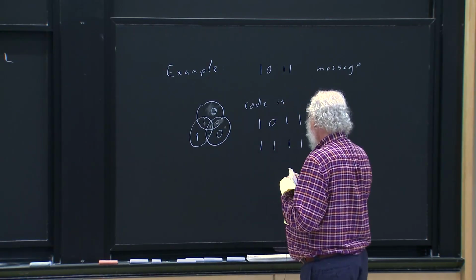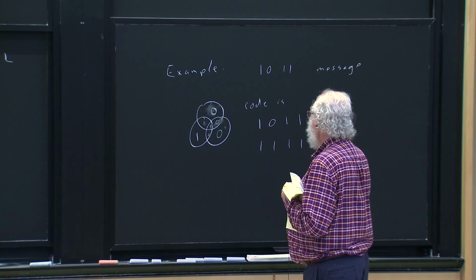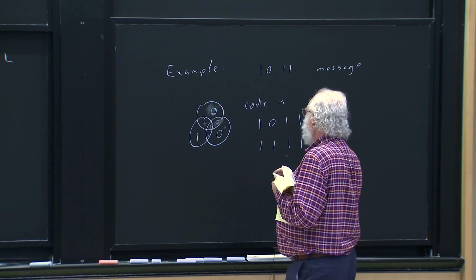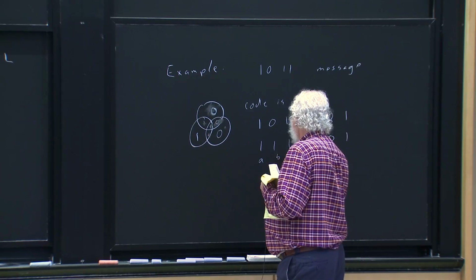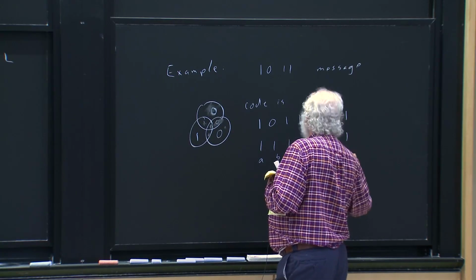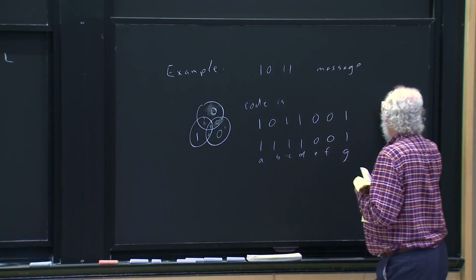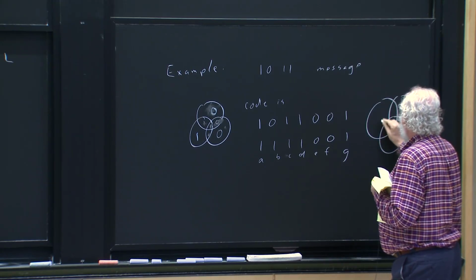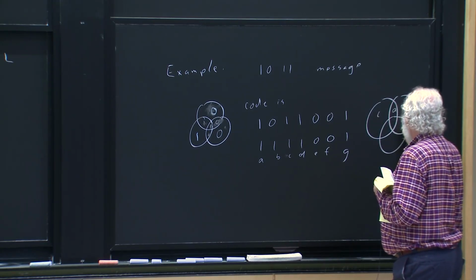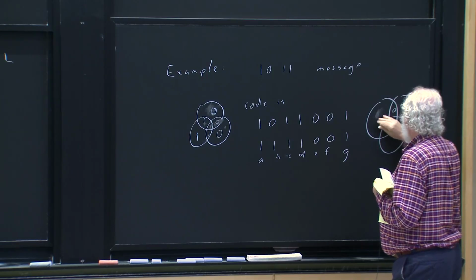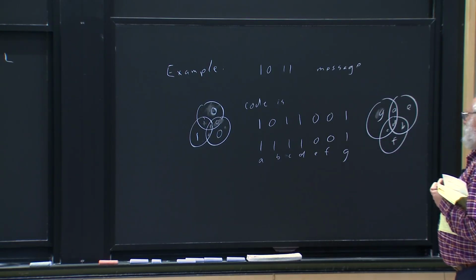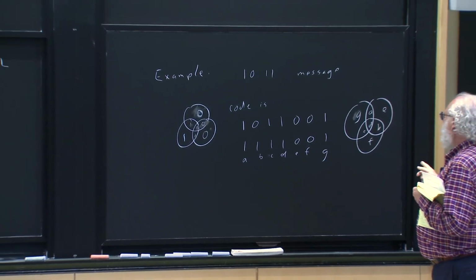Okay, so what we do now is we compute, let's call these A, B, C, D, E, F, G, and this was A, B, C, D, E, F, G, I believe. Yeah.